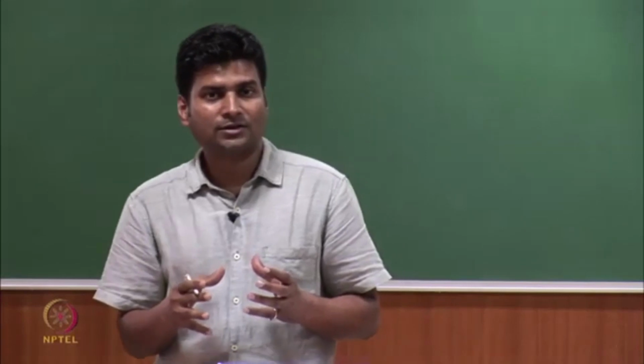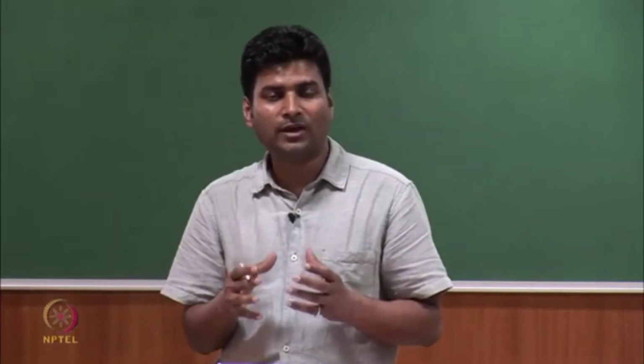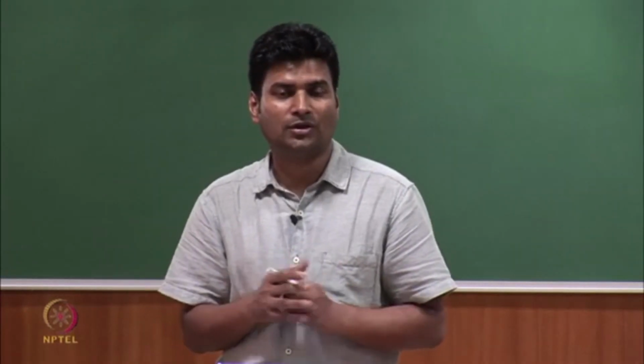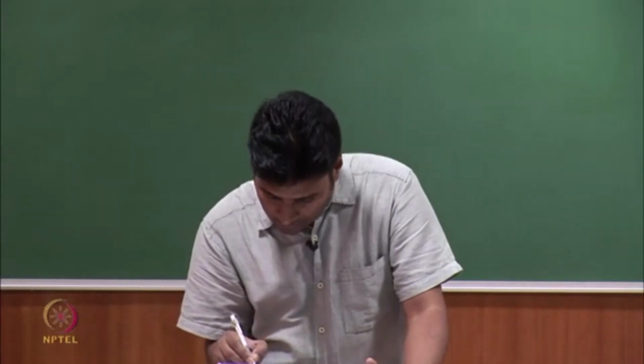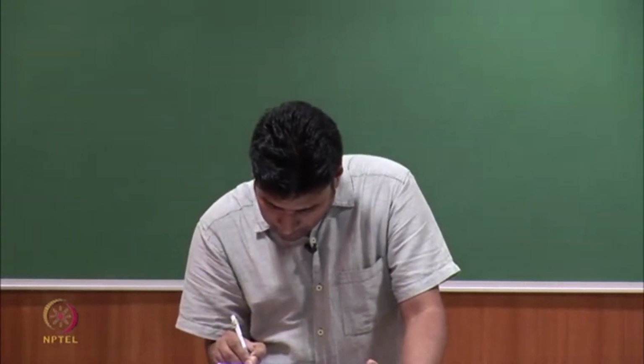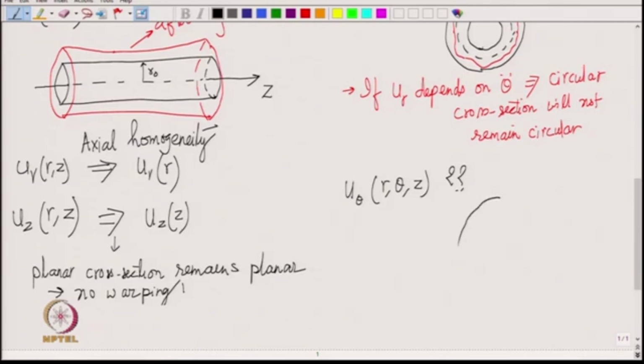So, let us think, with this cross sectional rotation, what will be the mathematical formula for u theta. Again we have this cross section, and think of any point in the cross section which has its radial coordinate r and the theta coordinate theta.